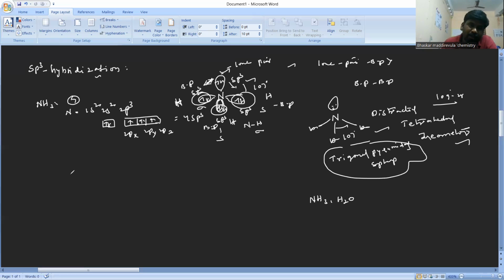In the same way, in the case of the water molecule, the central atom oxygen possesses sp3 hybridization.